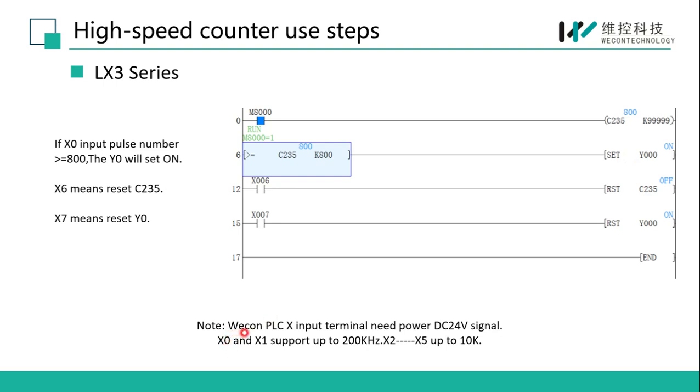Just remember, the PLC input terminal X needs a DC 24-volt signal, and X0 and X1 support up to 200,000 Hz, and X2 to X5 is just up to 10,000 Hz.